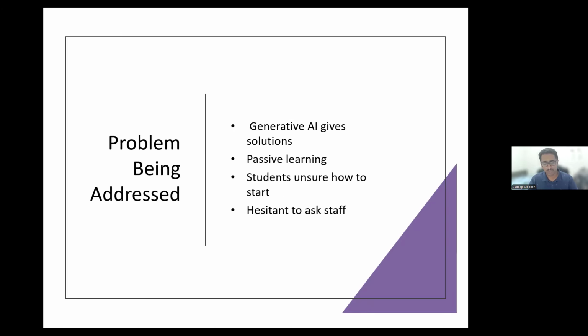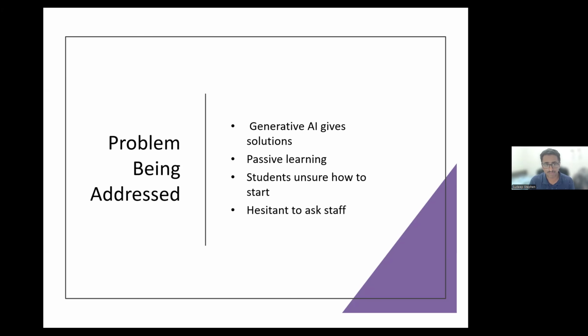So the problem we were trying to address is that for a couple of semesters now, we have noticed that students were using generative AI for all the take-home assessments. At least for first year calculus, it's giving good answers.